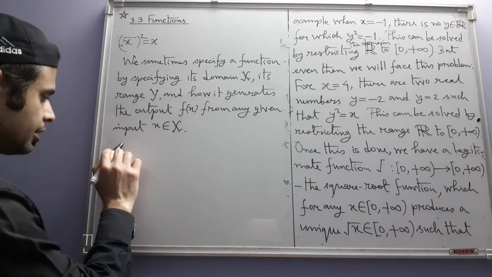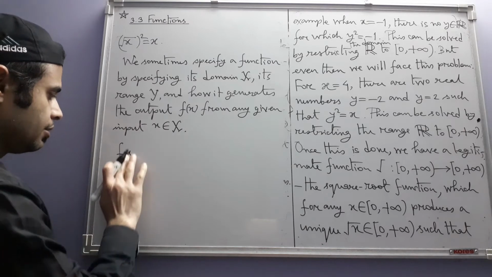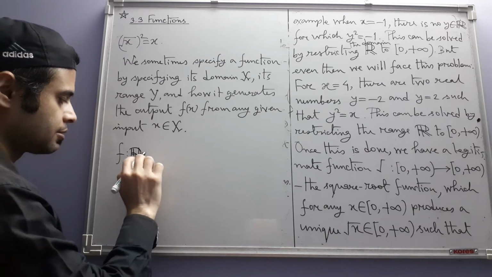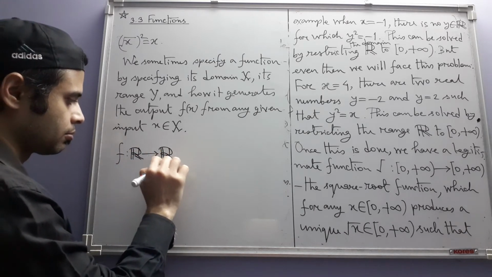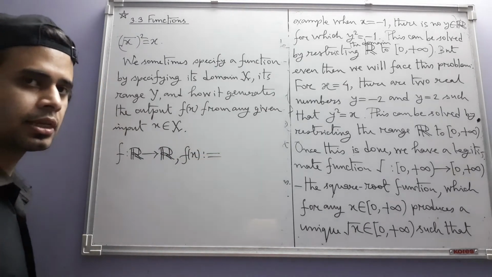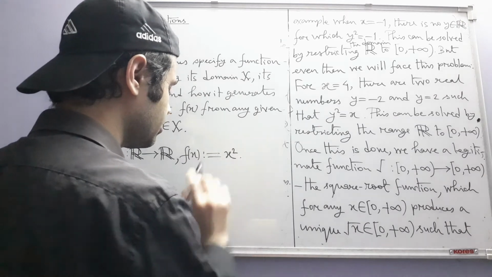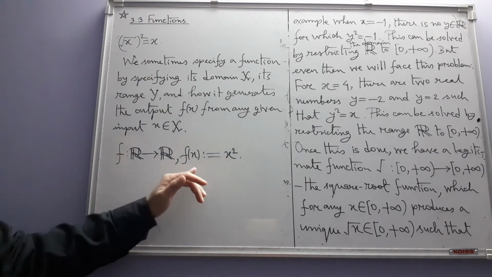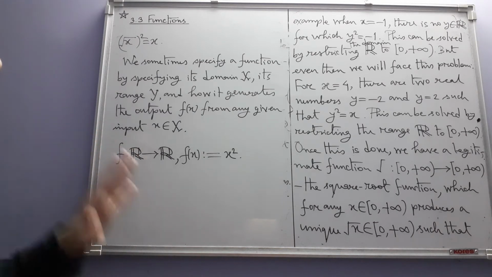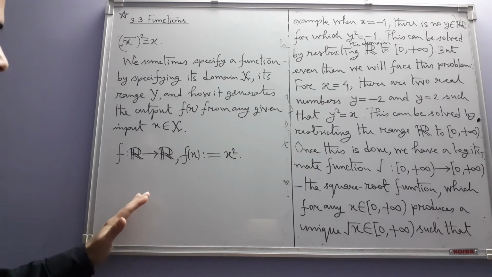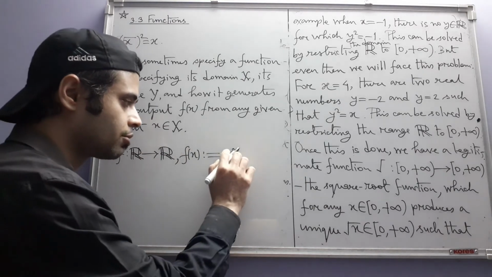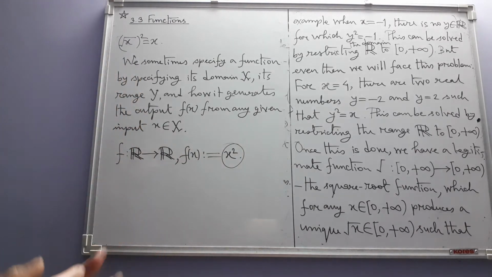For example, we can write something like this: f from, I am again using real numbers, where you say what the output is explicitly. Say this is equal to x square. For a given x, the output is x square. You have to take the square of x. So when we specify a function like this, then we are saying how we are generating the output from the given input x explicitly.